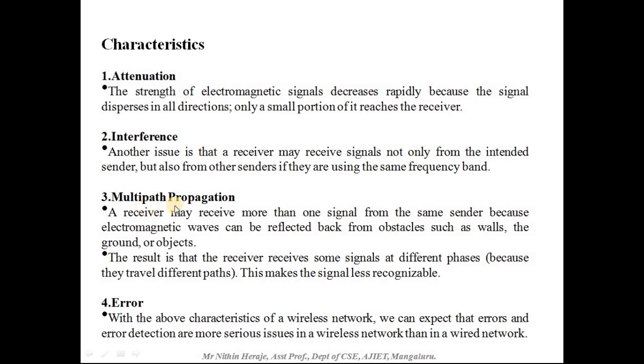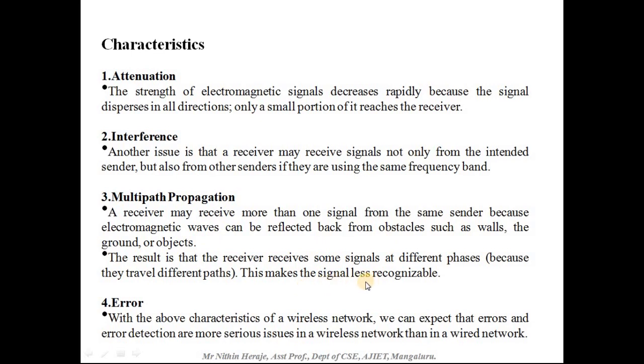Next is multipath propagation. Here a receiver may receive more than one signal from the same sender, because electromagnetic waves can be reflected back from obstacles such as walls or objects. The result is that the receiver receives some signals at different phases.